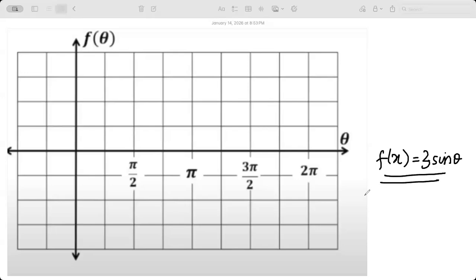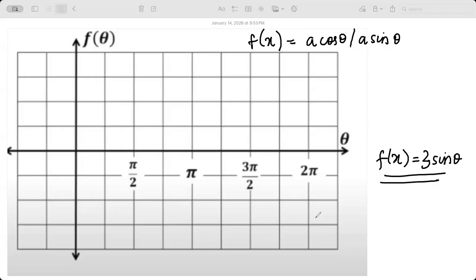Whenever you see sinusoidal functions of sine and cos, the function can be defined as a cos theta or a sin theta. This is the minimal way of defining a sinusoidal function.